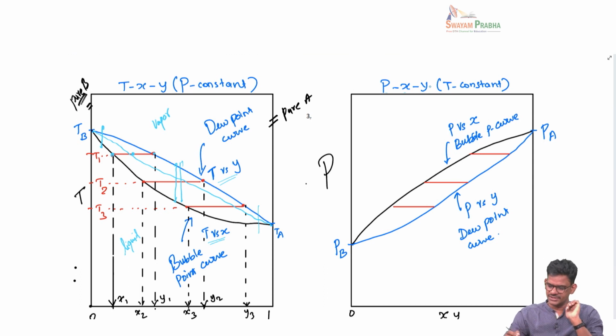In the pressure versus x-y diagram, you have the bubble point curve on the top and the dew point curve at the bottom, meaning the liquid is on the top and the vapor is at the bottom. Again you have the pure component B's vapor pressure Pb for the given temperature, and the pure component A's vapor pressure Pa. Pa is more than Pb, that you can see here for the given temperature, meaning A is more volatile.